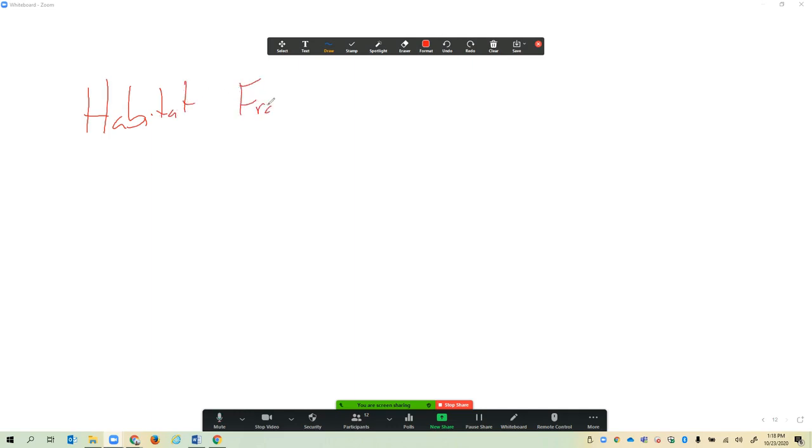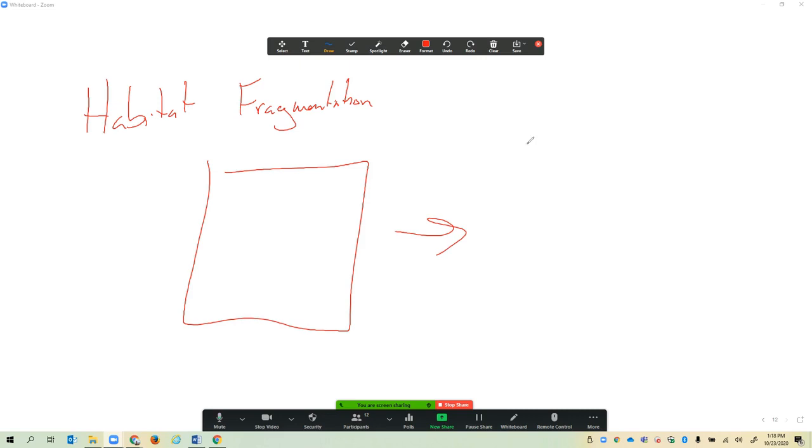Habitat fragmentation. Habitat fragmentation is when you take a large habitat and maybe I'm going to build a road through here. So what I've done is I've now split this.